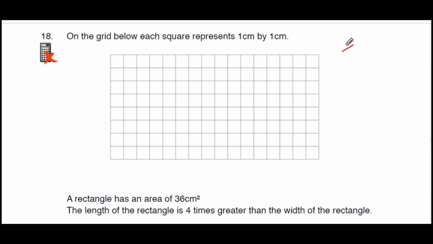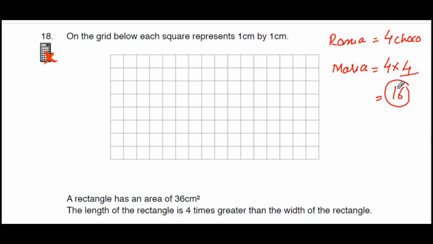If I say that Rania has 4 chocolates, and Maria has 4 times more chocolates than Rania, it means whatever the chocolates Rania has, we have to multiply by 4 for Maria. So 4 times 4 is 16. It means Maria has 16 chocolates.